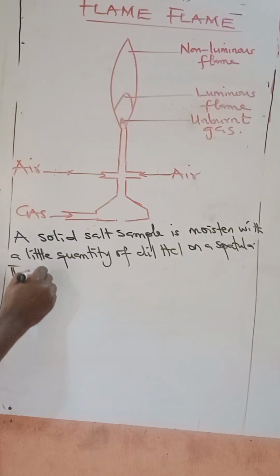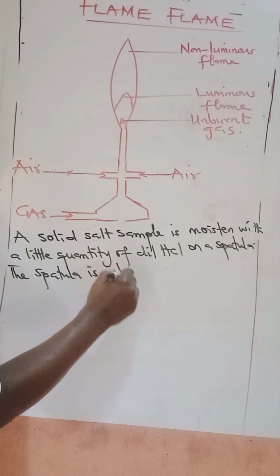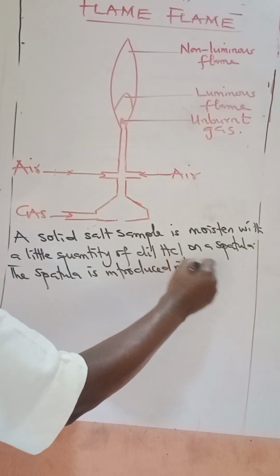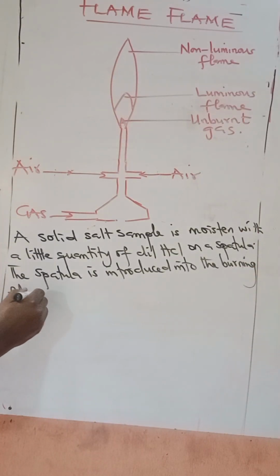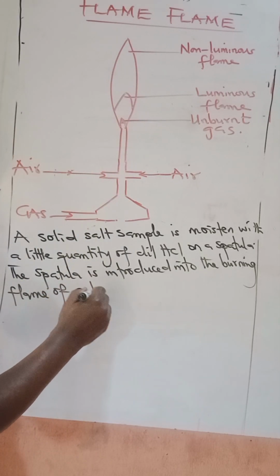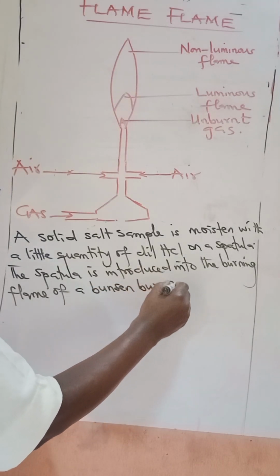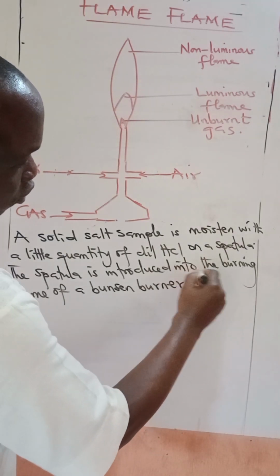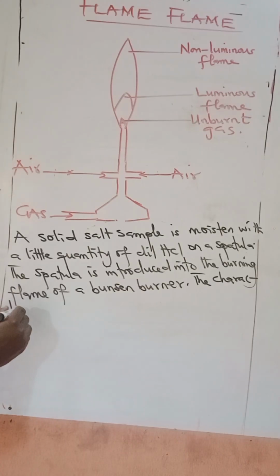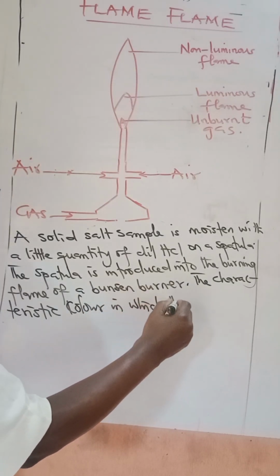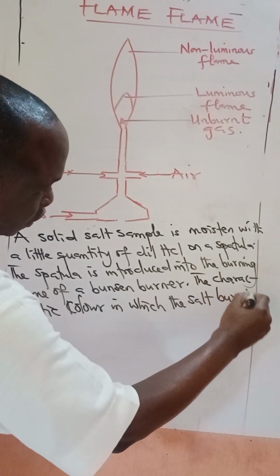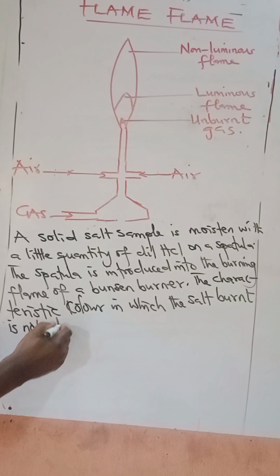The spatula is introduced into the burning flame, that is the non-luminous flame of a Bunsen burner. The characteristic color in which the salt burns is noted. That will give you the flame test.